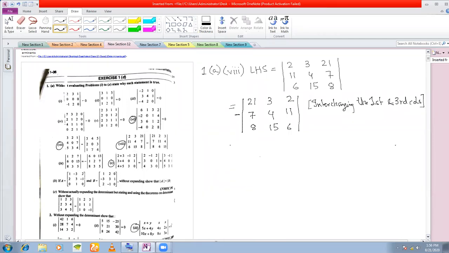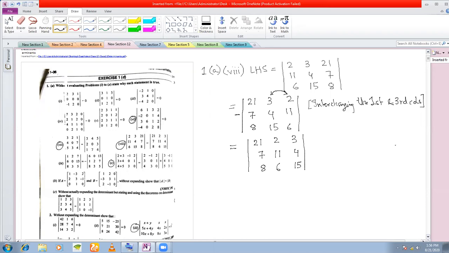Now see, what else is there? Once I have interchanged, have I got the resulting determinant? I still haven't got it. Now I interchange these two from here. If I interchange these two, 21, 7, 8. So third column becomes the second column and second column becomes the third column.